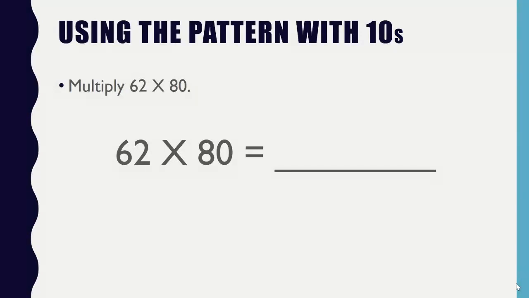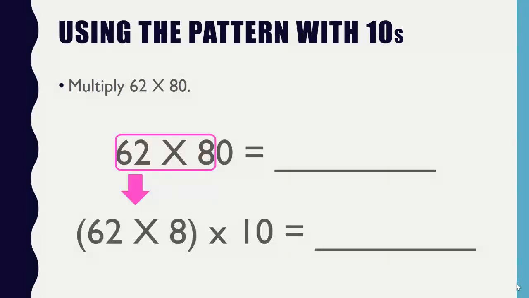So we can look at this problem and break away the base problem, which would be 62 times 8. Now, mathematically speaking, what we would see is the use of parentheses here, where we would have 62 times 8, which is our base problem, times our 10. See, the associative property of multiplication allows us to break apart our numbers and multiply them in different orders.